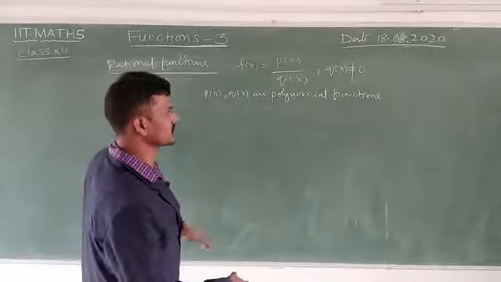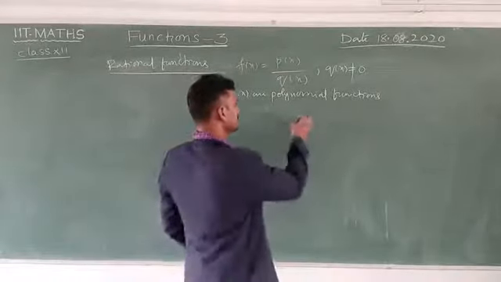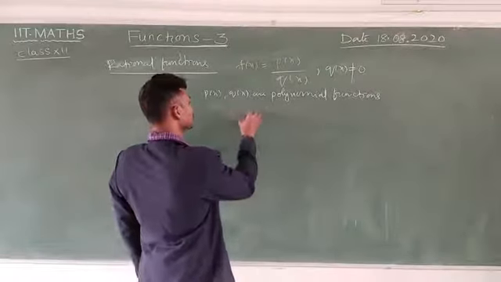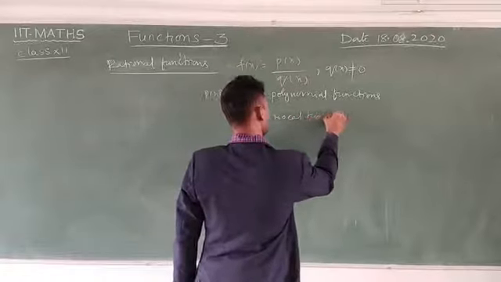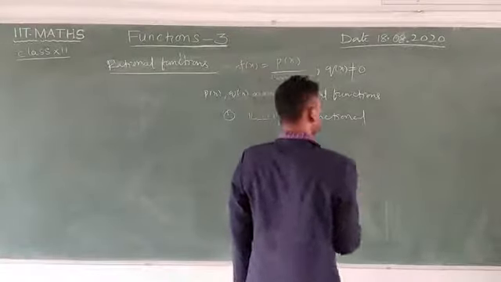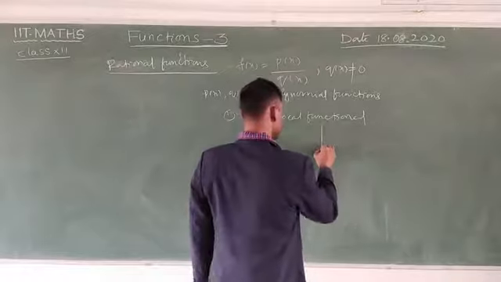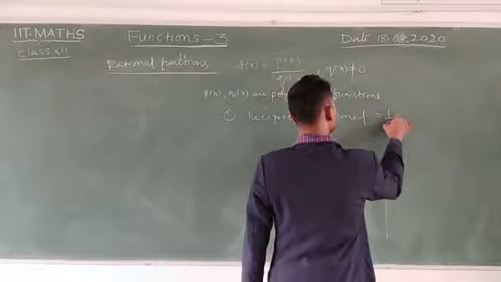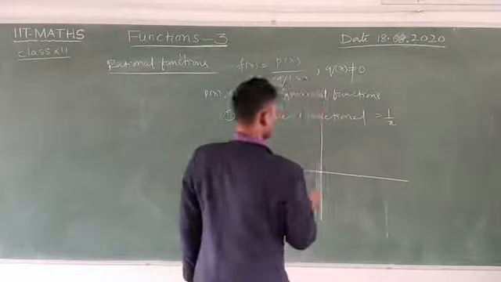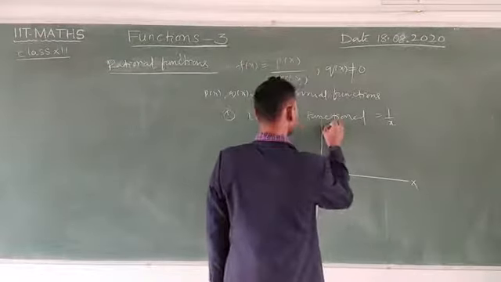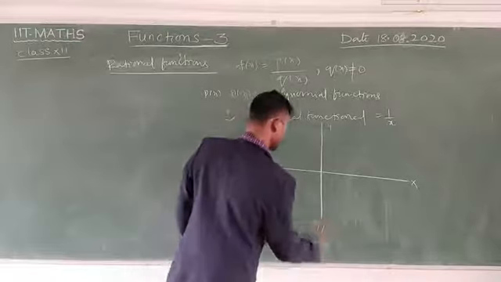Now we have to discuss one function. Here the first one is the reciprocal function. What is the reciprocal function? You have to draw it here: 1 by x. This is also a reciprocal function. Now see here, f of x. This is x, this is y, x dash, y dash.